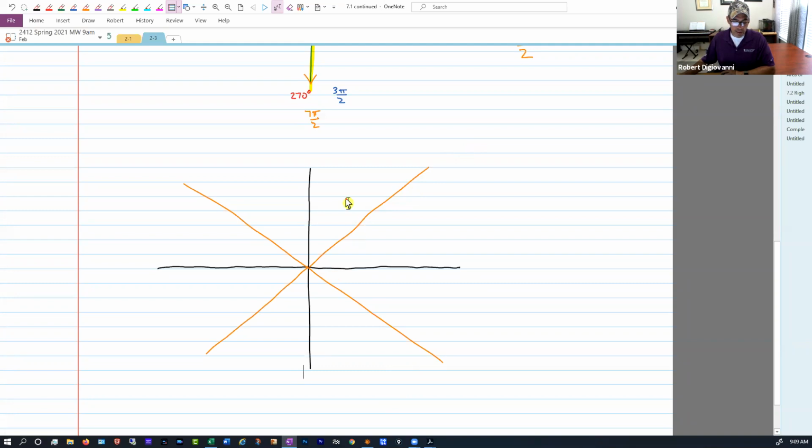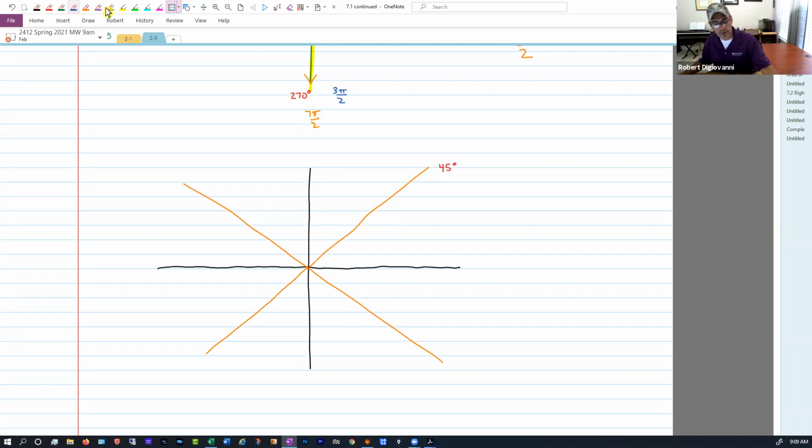We know that straight up was 90 degrees, so shouldn't this be half of that? It's because I cut it like a perfect diagonal. So this should be 45 degrees. Now, in radians, this would be half of pi over 2.